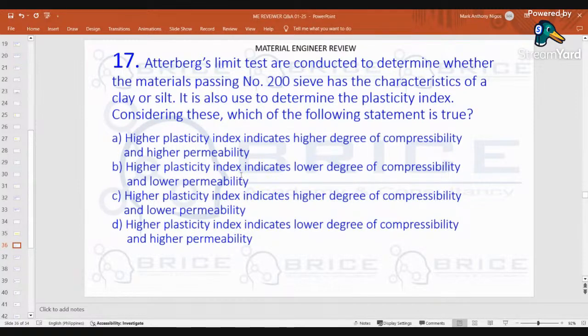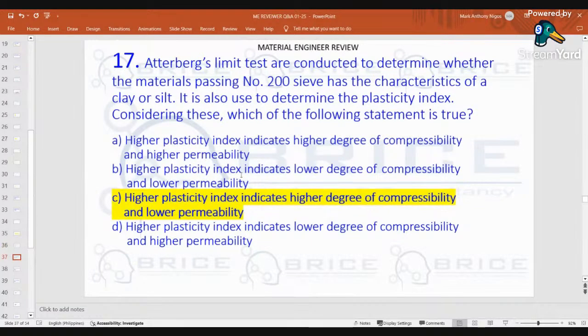C, higher plasticity index indicates higher degree of compressibility and lower permeability. And D, higher plasticity index indicates lower degree of compressibility and permeability. The answer is C. Higher plasticity index indicates higher degree of compressibility and lower permeability.